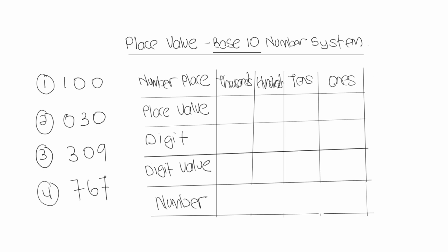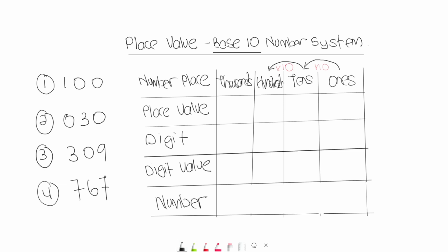Now, a quick thought here. If you observe, from the ones, it became the tens by multiplying by 10. And from the tens, it became hundreds by multiplying by 10 again.